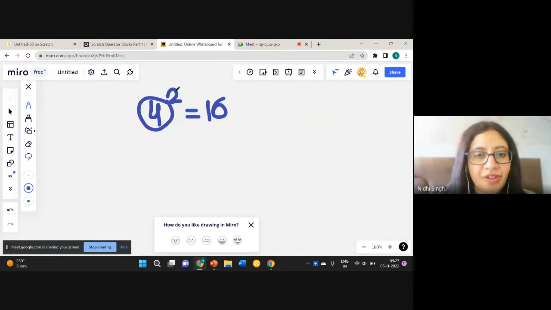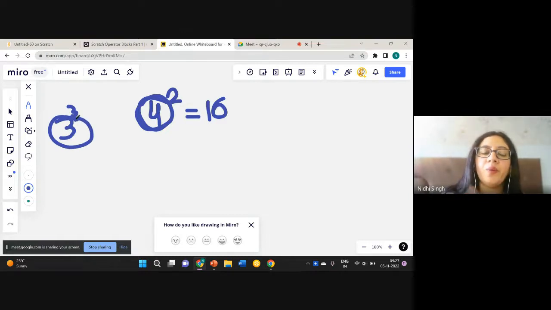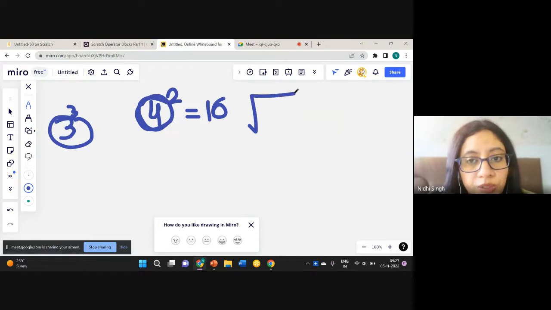We are not taking any other number. Our base number is the number which is in the circle. Either you are taking 3, power 3, power 2, whatever it is, we are just multiplying this number with itself, right? This is square. Another thing is square root.